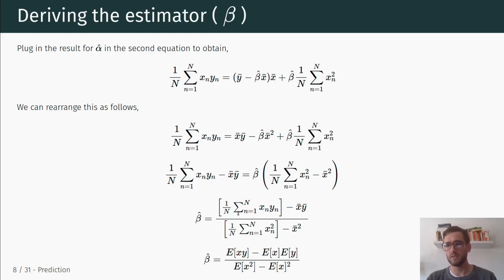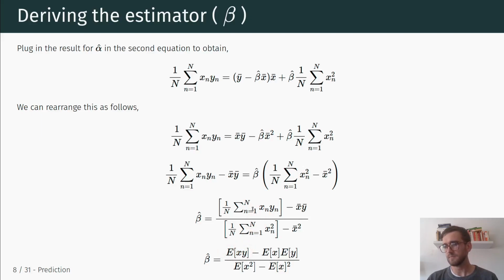First, we can rewrite these as averages again, and this is just to make things a little bit easier. Rather than writing 1 over n times the sum from n equals 1 through capital N, we just write the expectation. So we just replace this part with the expectation of xy.